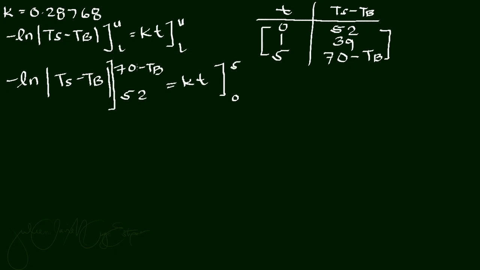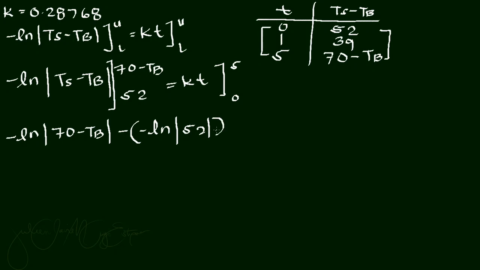So if you're going to substitute that, that is upper minus lower, that will give us negative Ln of the absolute value of 70 minus Tb minus the Ln of the absolute value of 52 is equal to K times upper minus lower, the time, that is 5 minus 0.